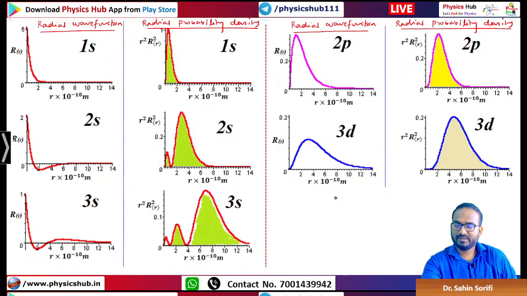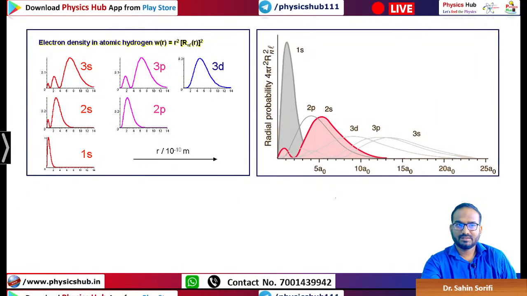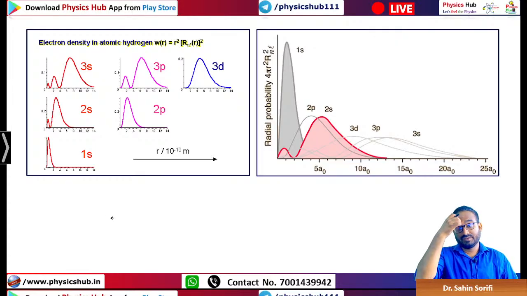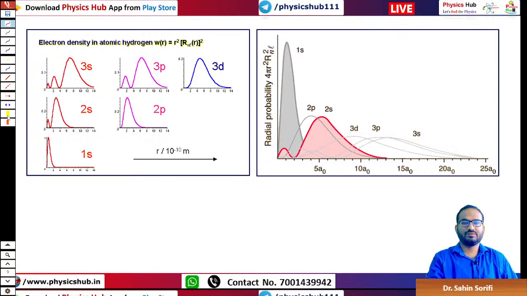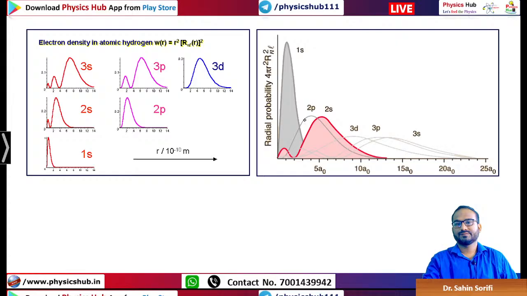I have attached another picture just to make it clearer to you. These pictures are just for reference. Once you understand, you will be able to understand it. 1s, 2s, 2p, 3s, 3p, 3d. This is the plot of the radial probability density. Look, here you notice one thing. This is 1s, the ground state.